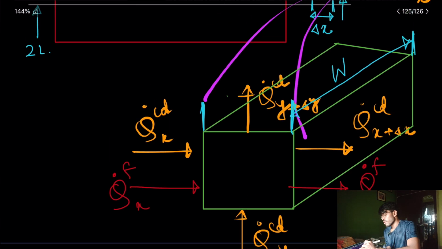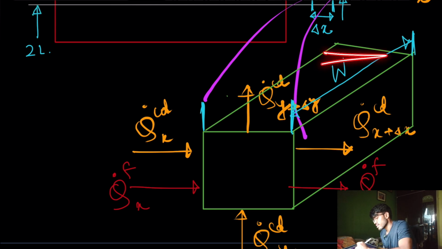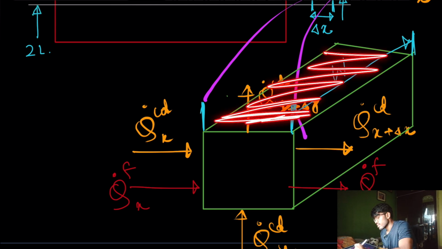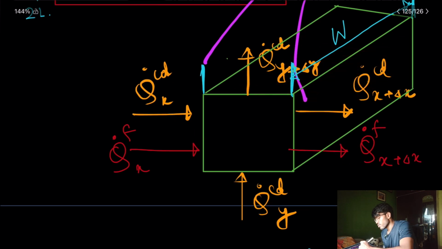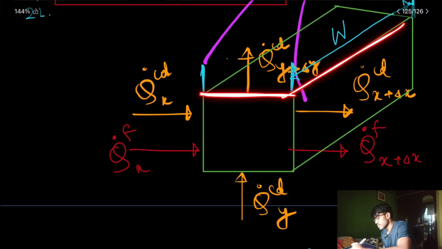So my area A_y should be this area, and this is w into delta x.